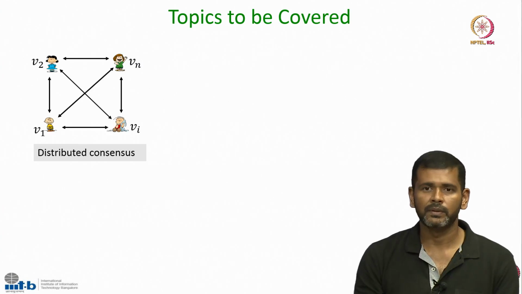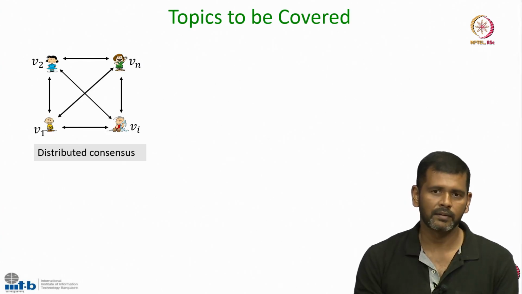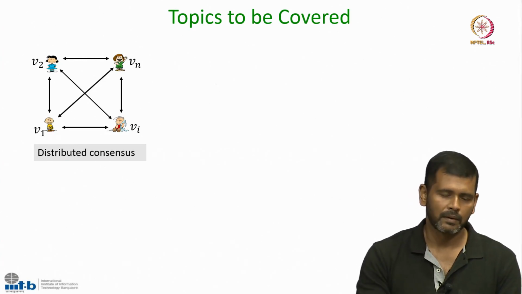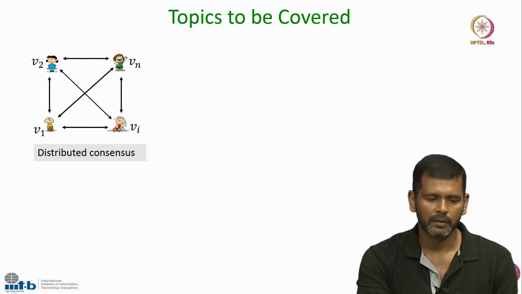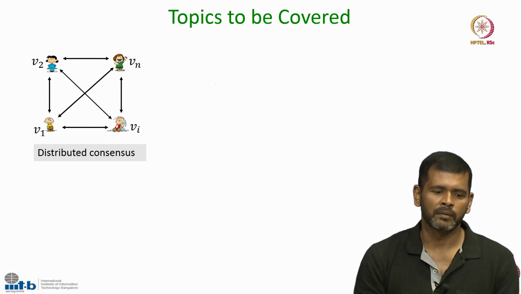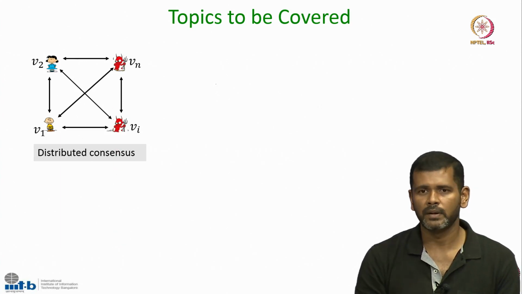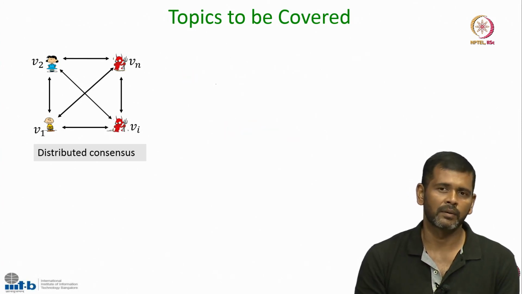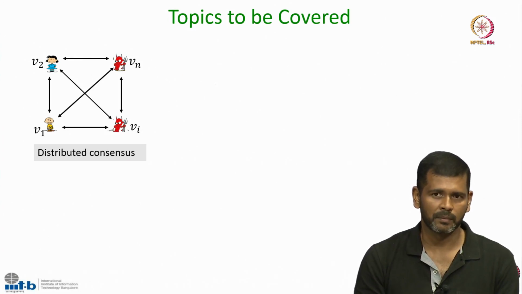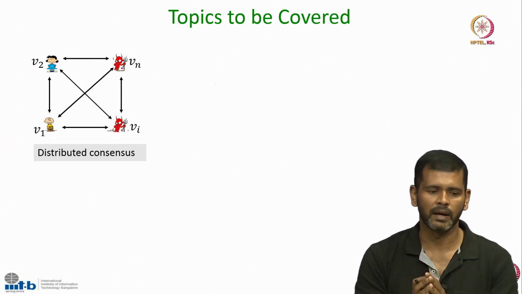So, what are the topics which we are going to cover in this course? We will see some classical distributed consensus or agreement protocols. Informally, in a consensus protocol we have participants with some private inputs. To begin with, the parties may not know the inputs of the other parties, and there might be a subset of parties which could get corrupt during the protocol execution by a Byzantine or malicious adversary, and the goal is to ensure that at the end of the protocol all the honest participants, or all the participants who are not corrupt, have a common output.